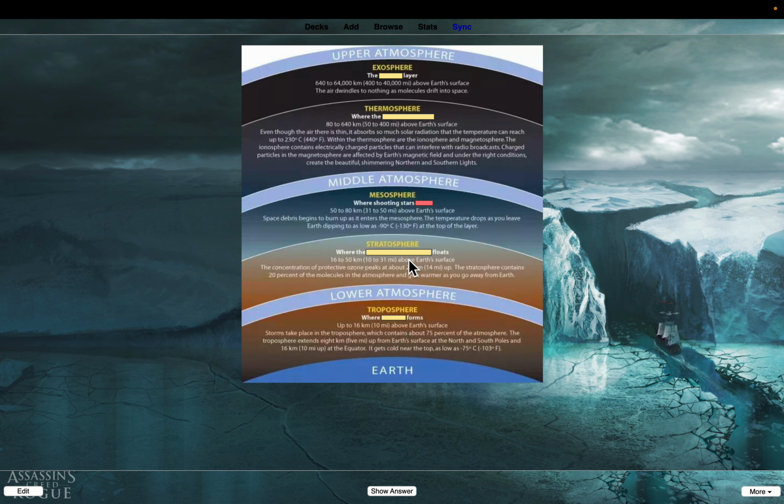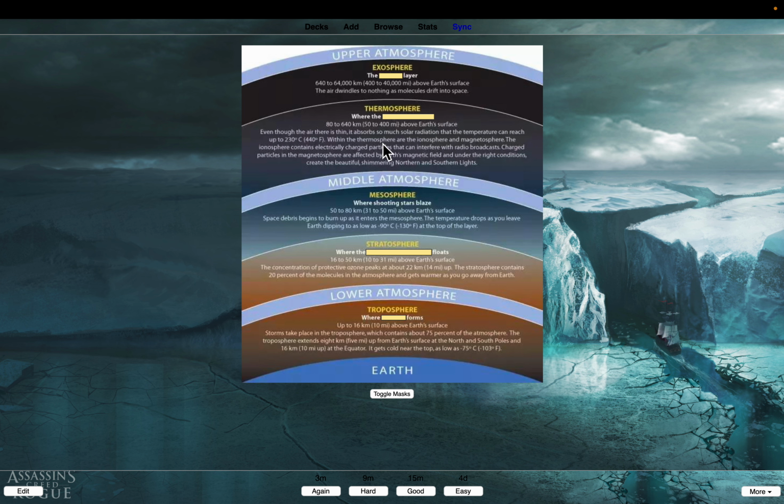I think the stratosphere, which is the next layer after the troposphere, is where airplanes are visible. I can't be sure. It's been quite some time since I've recalled this information. But for the mesosphere, that's the next after the stratosphere. This is where shooting stars blaze.